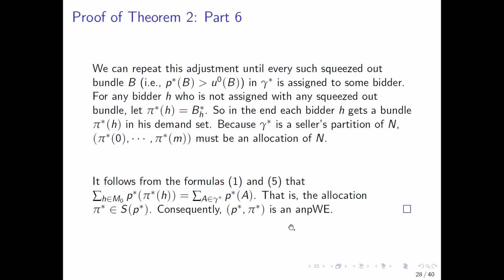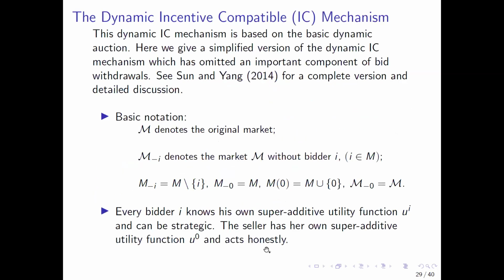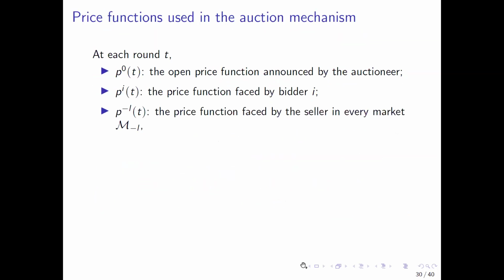So then we get the result. I don't think I will have time for the other part, but in some sense I will discuss it in the third lecture. Of course, this is quite different from the third part, but the general idea about incentive compatibility is similar.